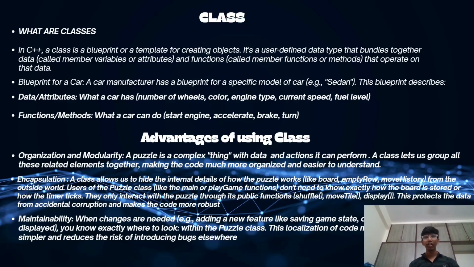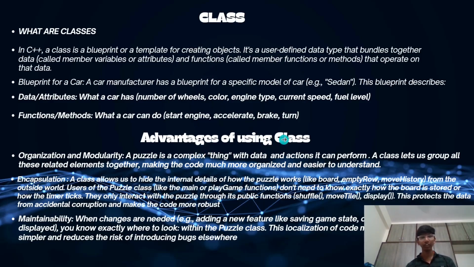A car has some data, like the number of wheels, brakes, and the color of the car. And it has functions like to brake, to accelerate, to take a turn. These things are stated in the blueprint of a car. So whenever you have to make a car, you use this blueprint for the specific model of the car. This is what is used in our program for the classes.